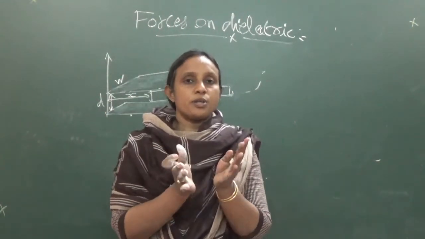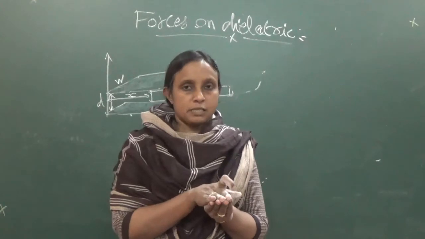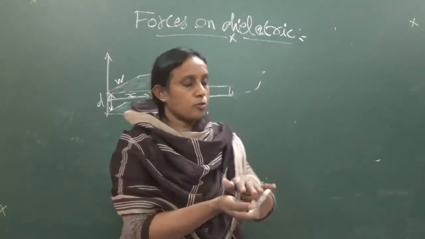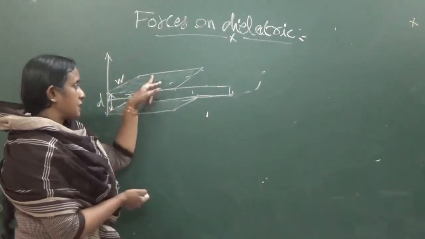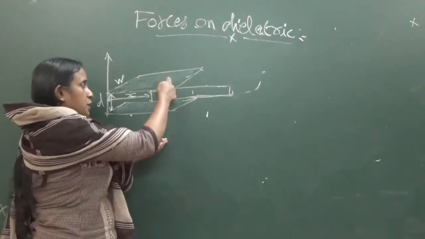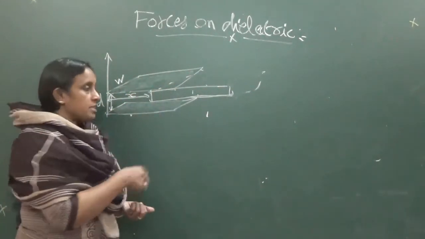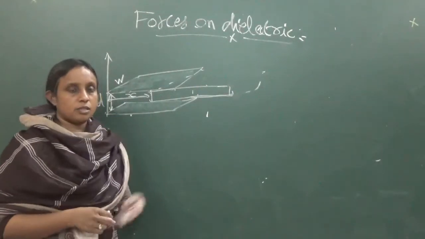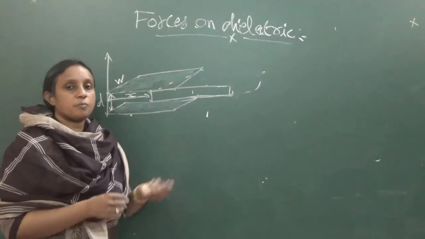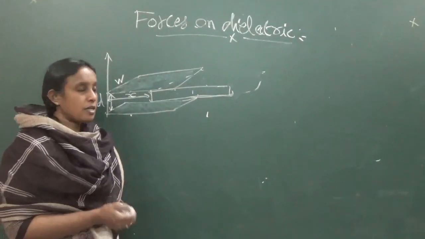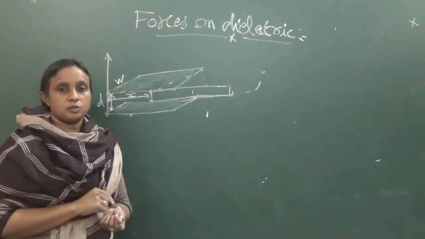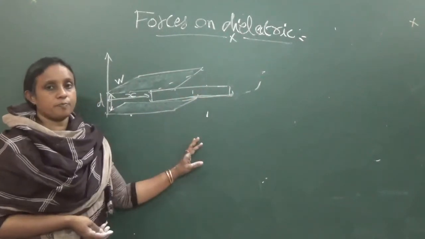Now, we assume a parallel plate capacitor. There are two parallel plate conductors like this. In between these parallel plates, there is a dielectric slab inserting into this capacitor. This dielectric slab is partially filled. Okay, this is the system.